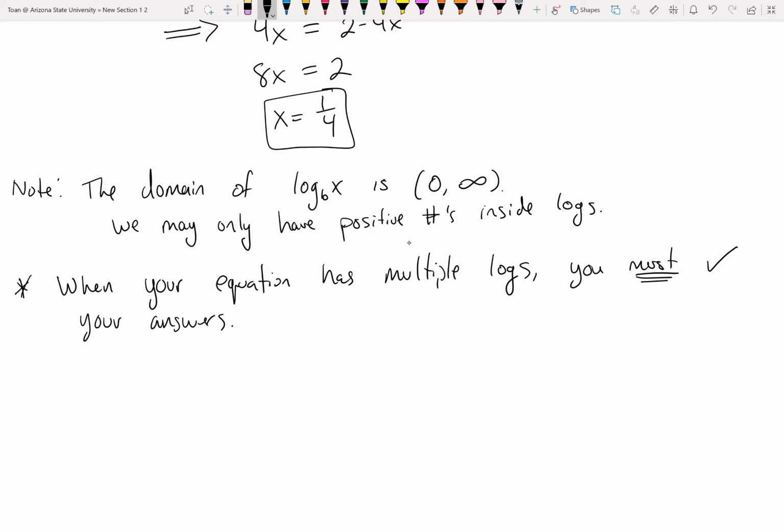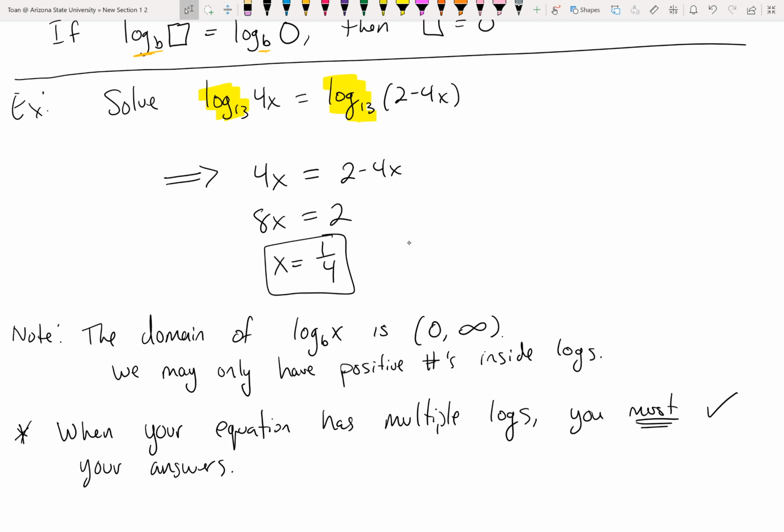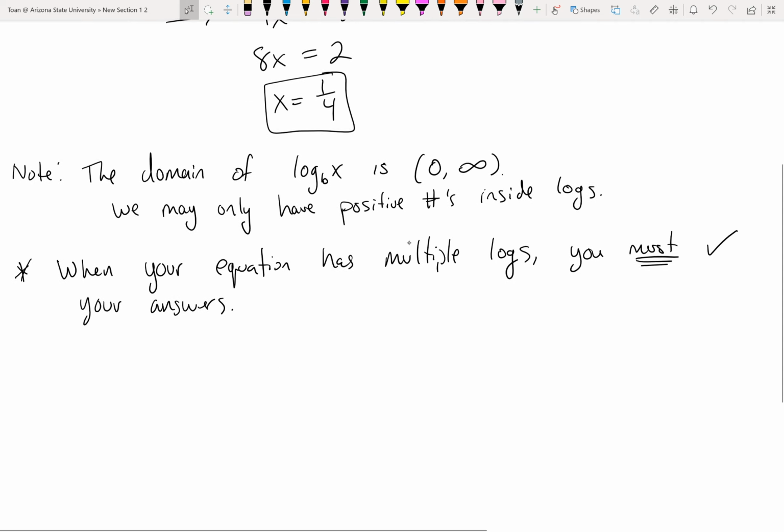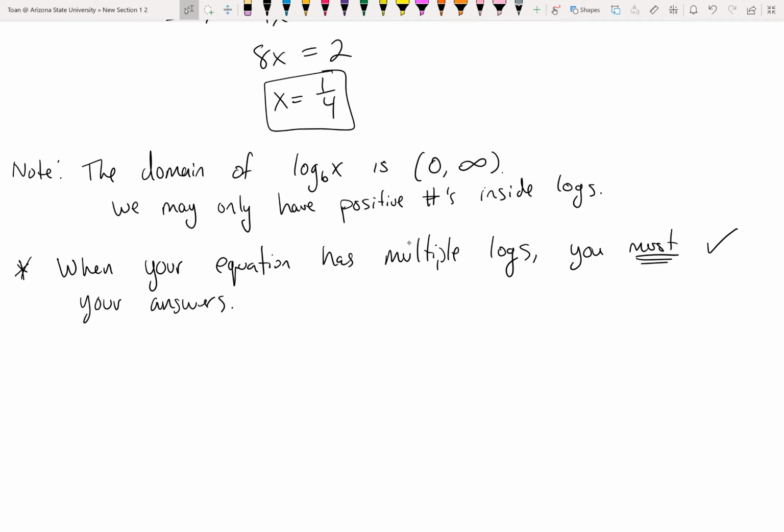Because we were doing a mathematical implication step rather than balancing both sides, we may not be able to make this previous step because our original problem may have been beyond the natural domain anyway. So it's not a huge thing that I'm asking you to do.